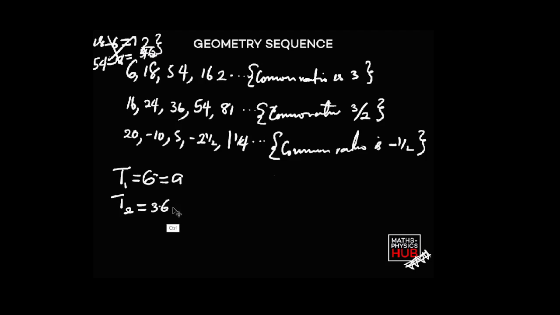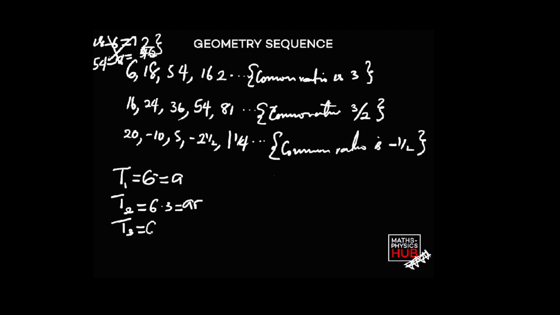Okay, let me write it like this. 6 times 3. And the 3 here is what? Common ratio for this, Abby? Yes, sir. So we'll write it as AR. Then the third term will be 54, Abby.